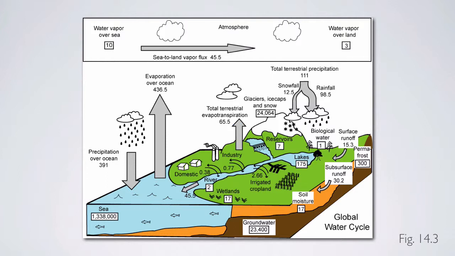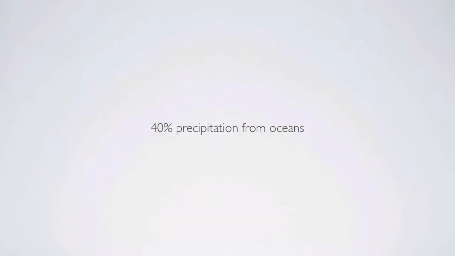So in total, somewhere in the order of 40% of the precipitation comes from oceans. So 40% of the rain that falls on land originated from the oceans.